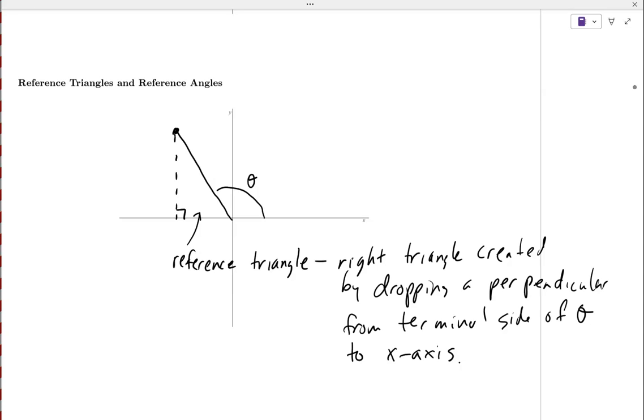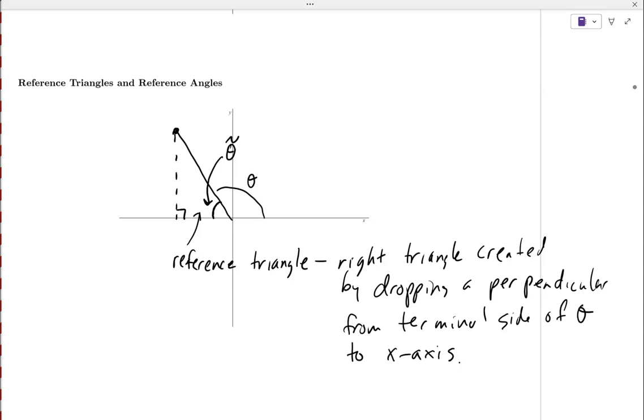What do we mean by reference angle? Well, the reference angle is the angle that's formed between the terminal side and the x-axis. I'm not sure because I didn't remember to look at the book before I came into class today after I made this handout, but a lot of books will put a tilde over the top of the angle that you're referring to, to refer to the reference angle.